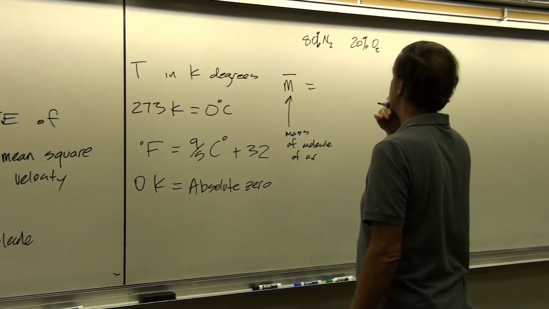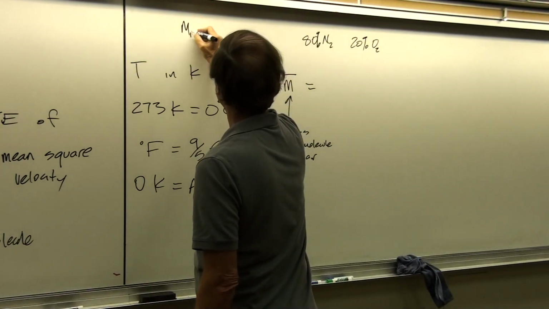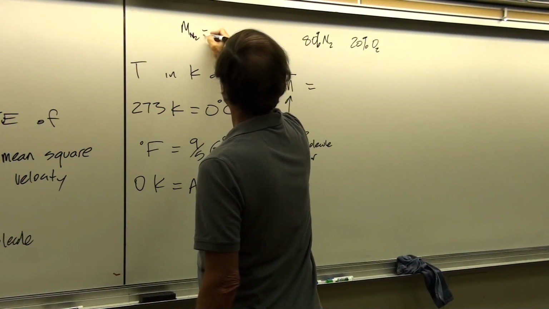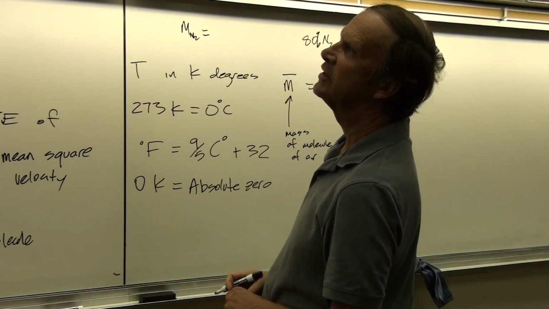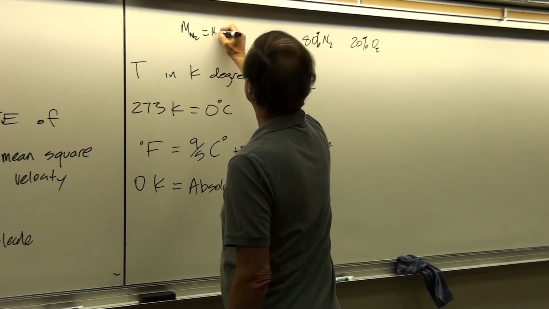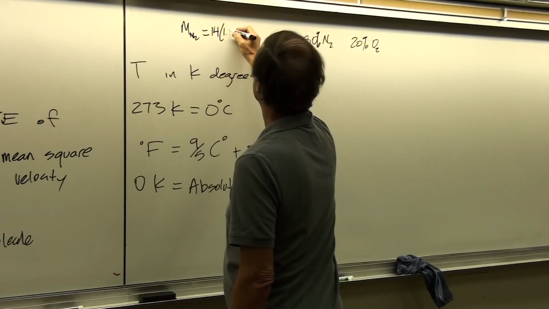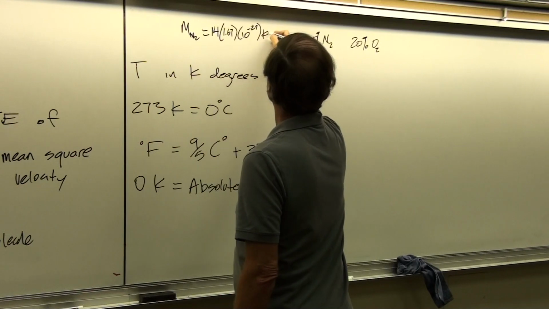Then this would be, if we wanted the mass of a nitrogen, then we would look at the periodic table. We would see that nitrogen has an atomic number of 14. So it would be 14 what we call atomic mass units, or 14 times 1.67 times 10 to the minus 27 kilograms.